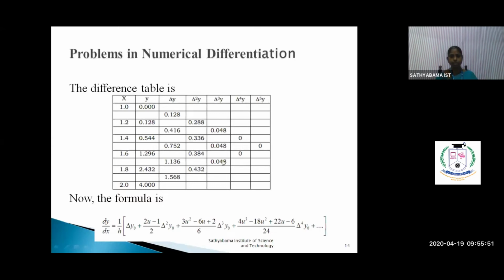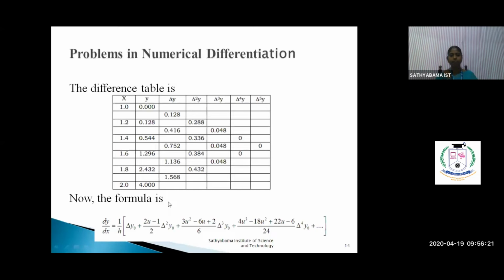Like this, delta cube y: from delta square y we can find 0.336 minus 0.288, and 0.384 minus 0.336. From this to this is 0.048. Now look at what happened: delta power 4 all becomes 0, so only delta cube remains.